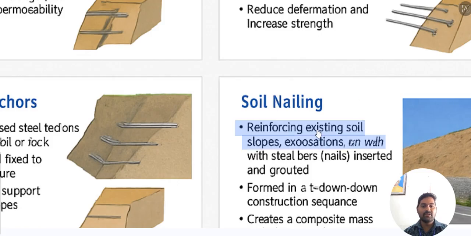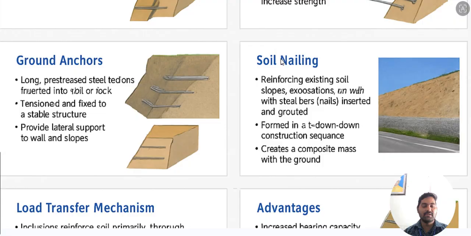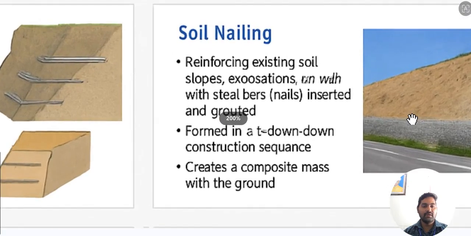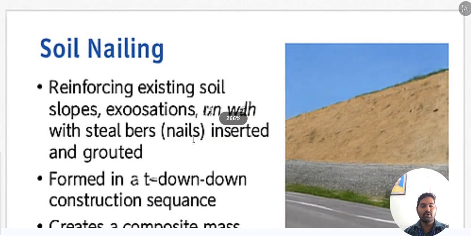Coming to the next one, soil nailing. Soil nailing and rock bolting are almost the same. If you see the figure here, sloped soils exist, and where sloped soils exist we need to go for soil nailing.